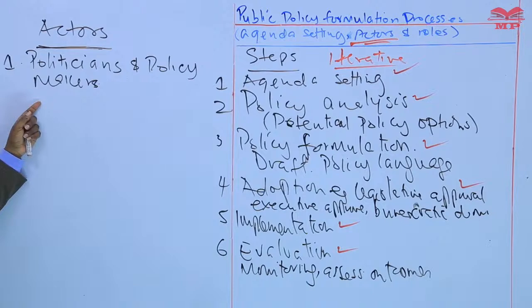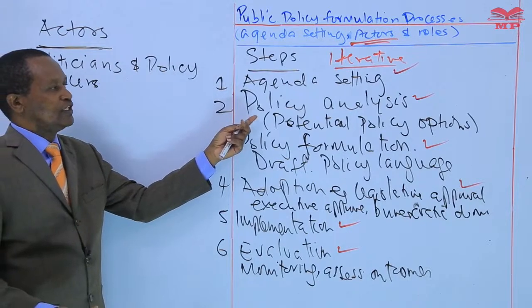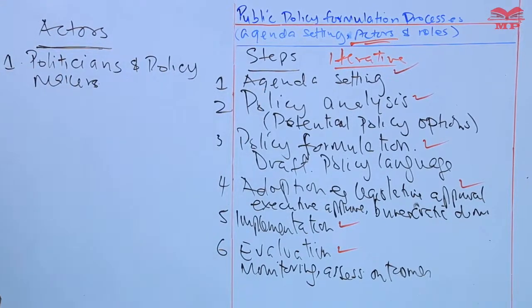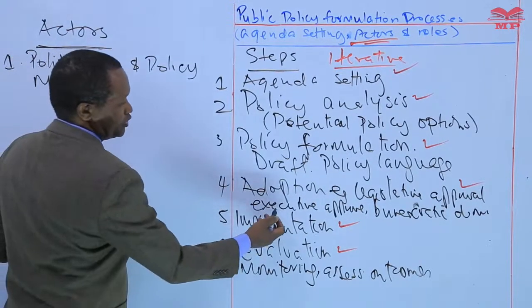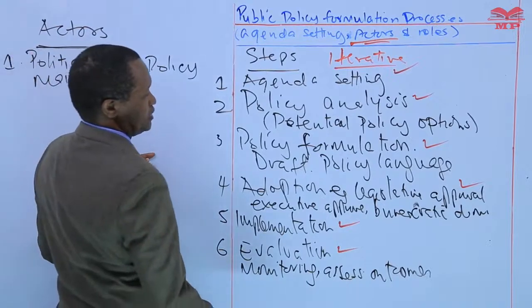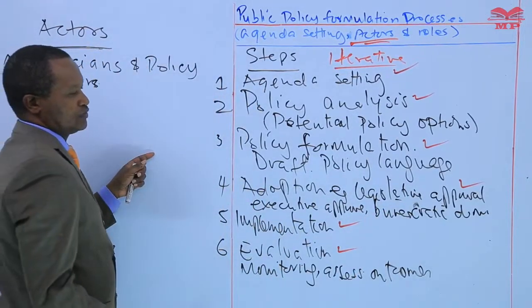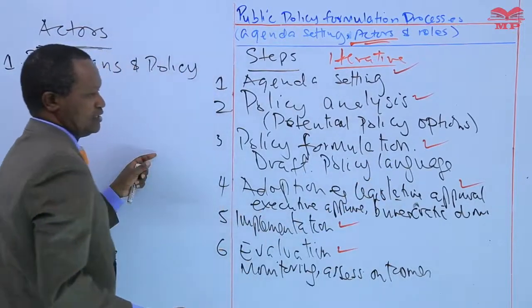They may also be involved in policy analysis. We talked about the development of different proposals to address the problem. They may also oversee the adoption and implementation of the policies. Adoption, here, remember we talked about legislative approval. Those who sit in parliament are politicians.